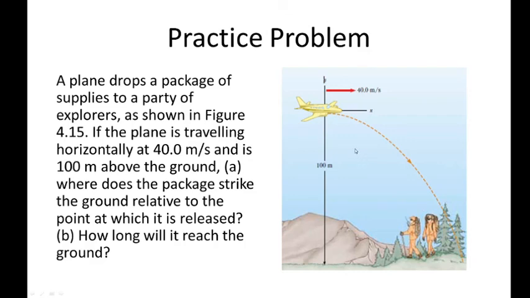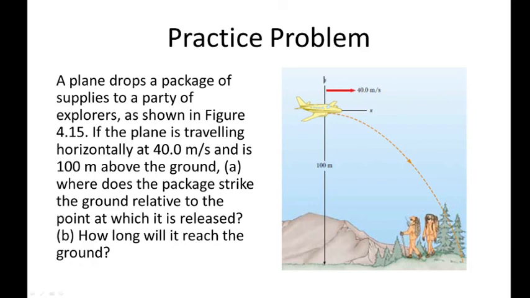A plane drops a package of supplies to a party of explorers as shown in figure 4.15. If the plane is traveling horizontally at 40 meters per second and is 100 meters above the ground, letter A: where does the package strike the ground relative to the point at which it is released?